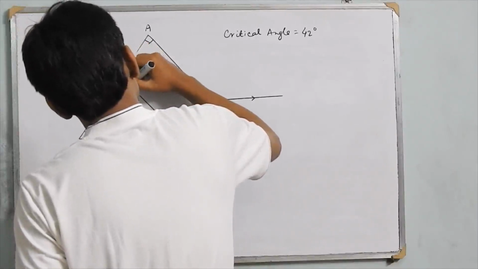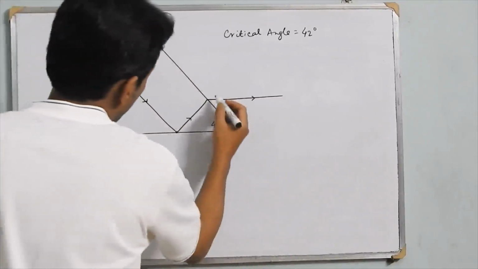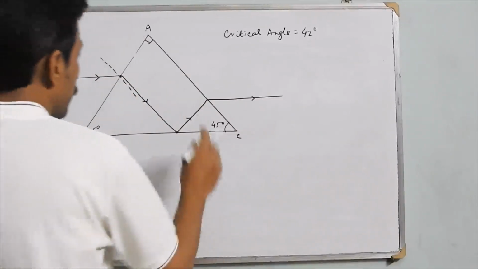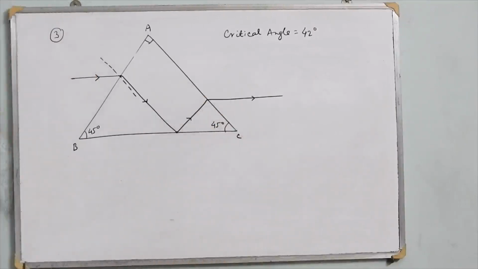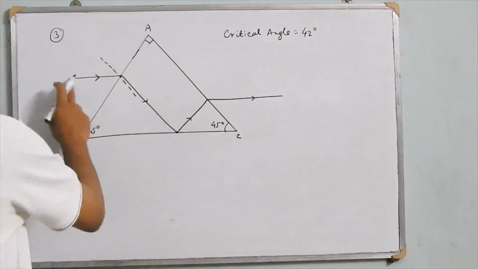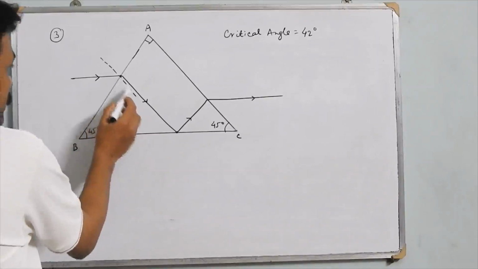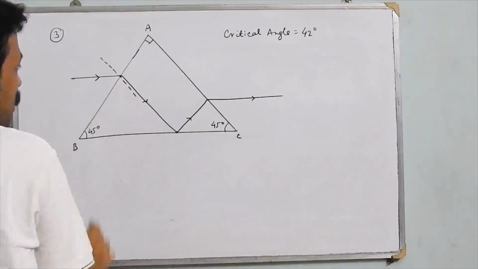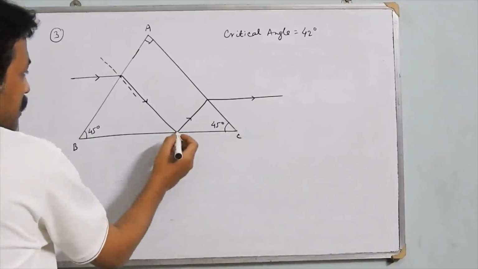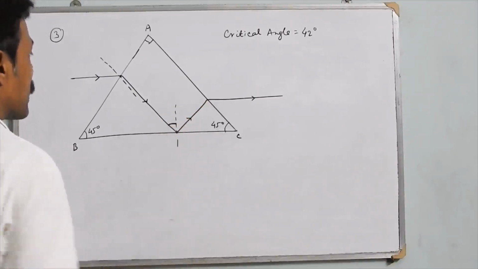So that's why I am not calculating, but still just remember that these angles at the point of incidence on either surface, definitely after conducting experiments, what we have realized is that in the case of a right angled isosceles prism, if a ray is parallel to the base of the prism BC, then it will refract at this point, and then when it hits the surface BC at some point, it will undergo total internal reflection, because at this point the angle of incidence becomes greater than the critical angle.